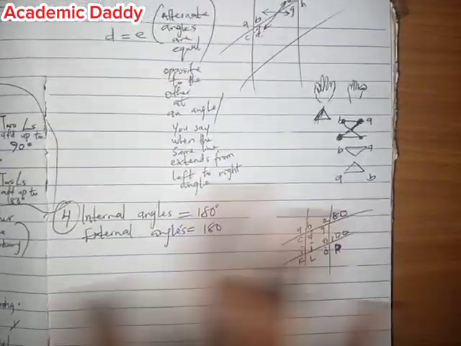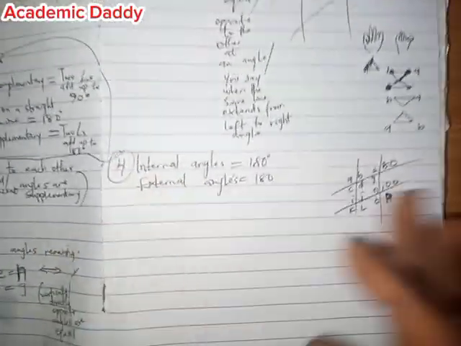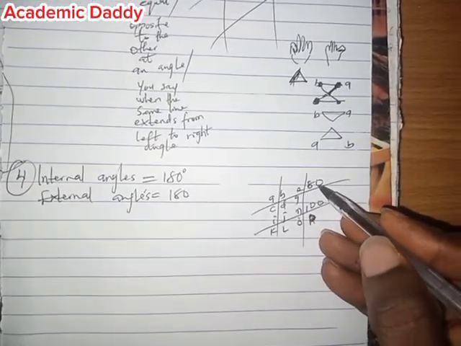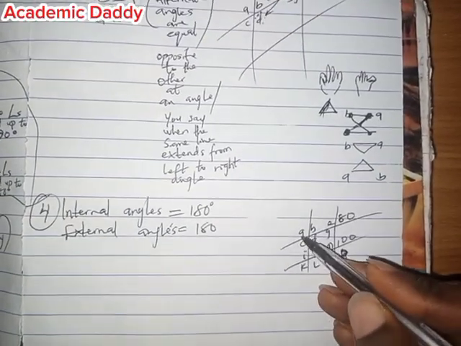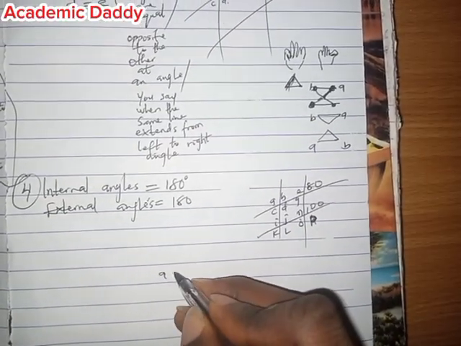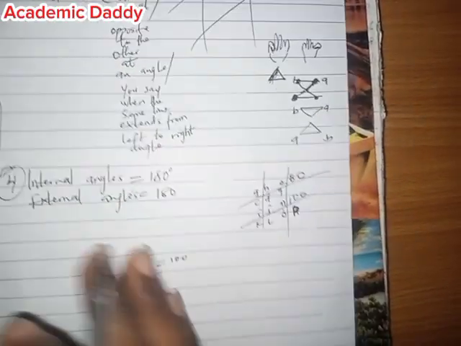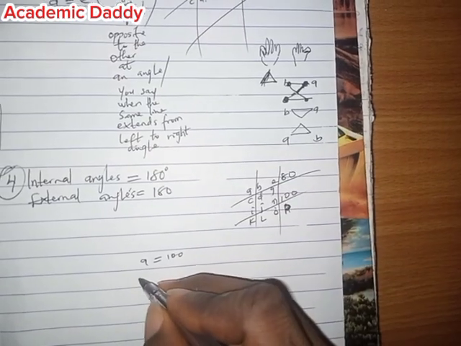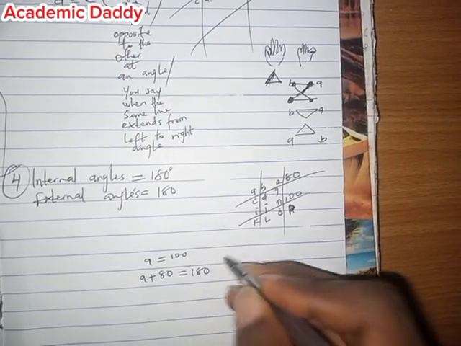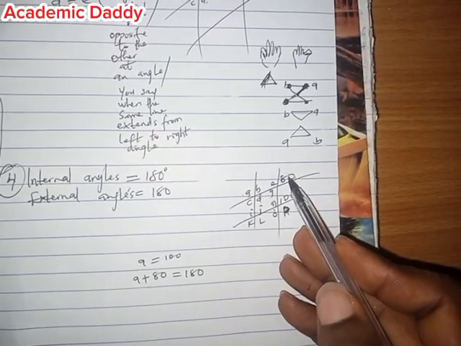If I have this, that's the way I have it now, without solving anything. Since I am given the external on the right, look at the external on the left. These two should add up. So A will automatically be equal to 100. External angles are equal. Why? A plus 80 will be equal to 180 degrees because they are external angles here.